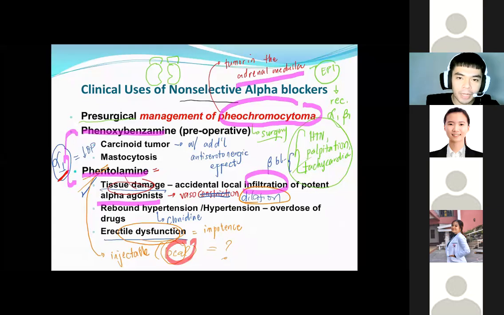Not only the blood vessels of the penis will relax, but the other blood vessels or arteries around your body would also be relaxed. Kaya ang pwedeng maging effect nun, aside from penile erection, hypotension. Naintindihan nyo? Pag systemic, okay.